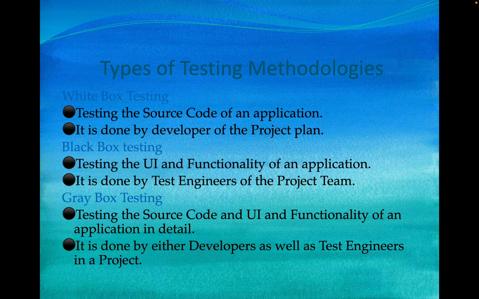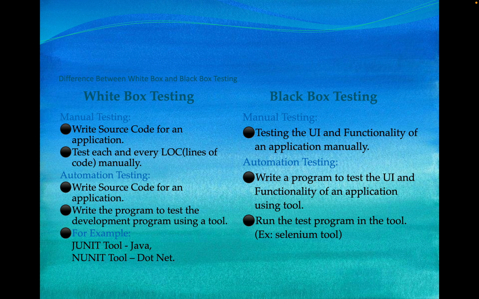When it comes to automation testing, in white box testing, it involves writing the source code for an application and writing a program to test the development program using a tool.